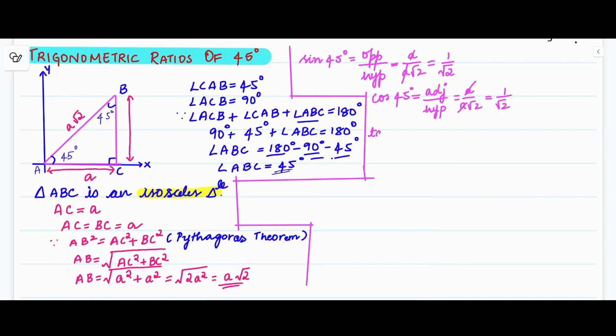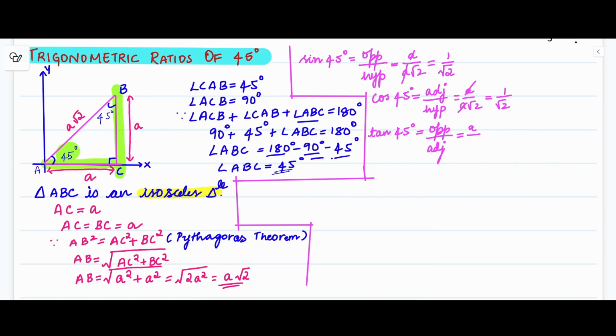Next is tan, that is tangent 45 degrees. Tan theta's ratio is usually the opposite side of the triangle, that is the perpendicular side, divided by the adjacent side of the triangle. The opposite side, which we saw before, is BC, and it has a length A. So it will be A divided by the adjacent side. The adjacent side is the side of the triangle which is adjacent to our theta, 45 degrees, and that is AC.